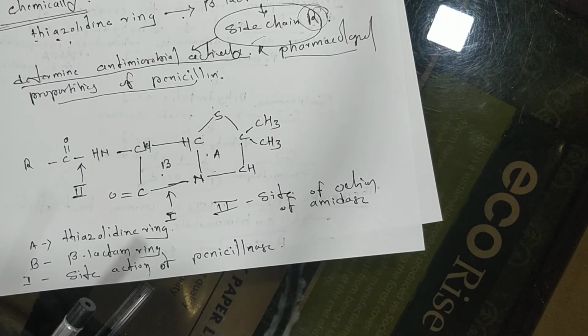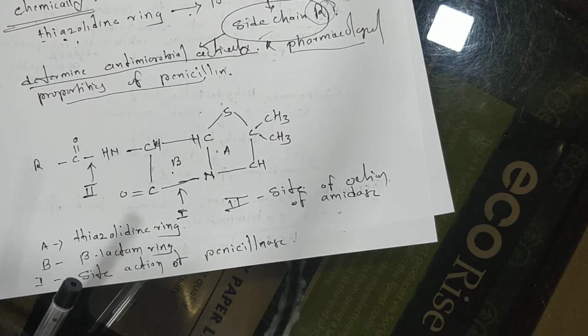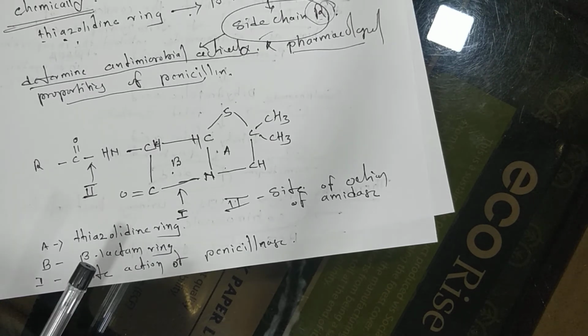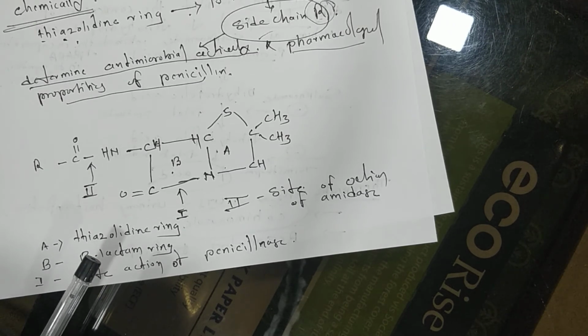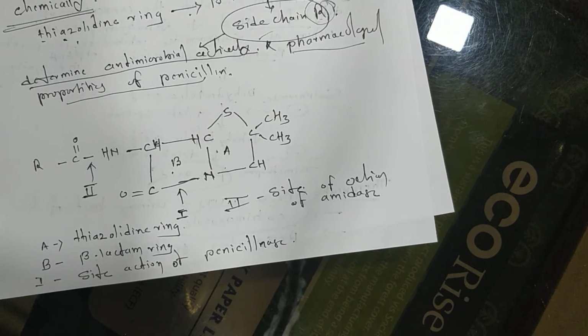An antibiotic is prepared by a microorganism and kills other microorganisms or inhibits their growth. Penicillin was found in 1928 by Alexander Fleming and used clinically in 1941. A minimum of 13 to 14 years is required for clinical research to see whether a drug is safe or not, and then the drug is used clinically in the treatment of humans.